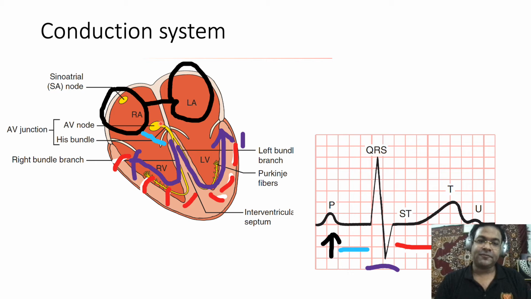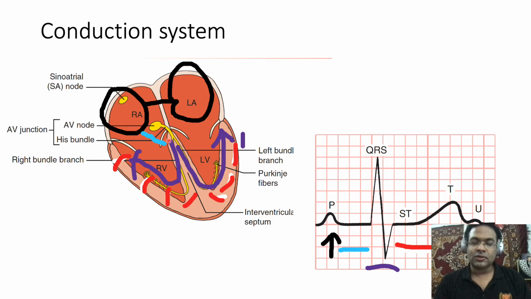After that, from the AV node arises a thick insulated bundle. These are insulated because it makes sure that the electricity goes on fast in a particular direction. It's called the bundle of His, which then splits into the left anterior fascicle, one left posterior fascicle, which is not shown in this diagram, and then the right-sided bundle.